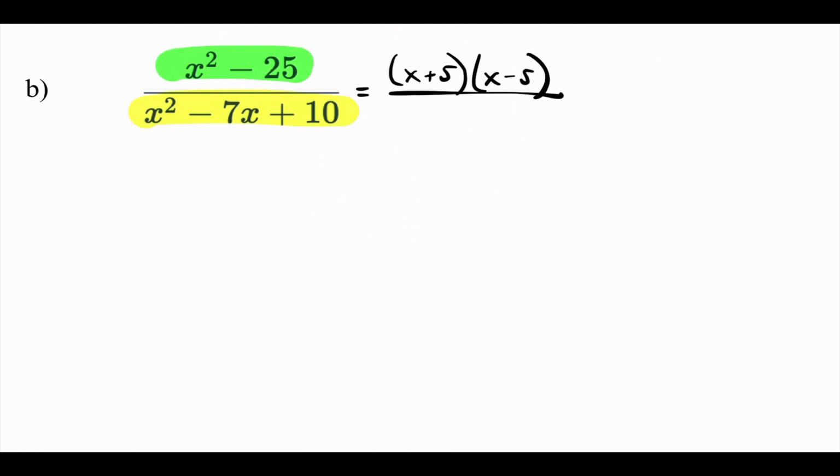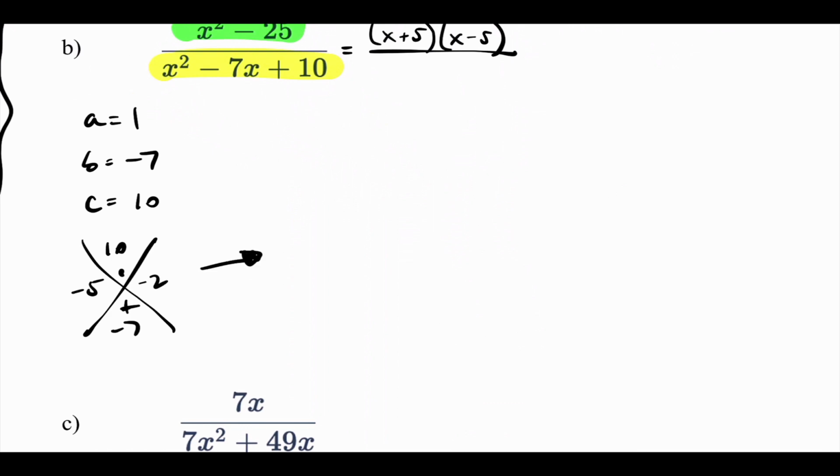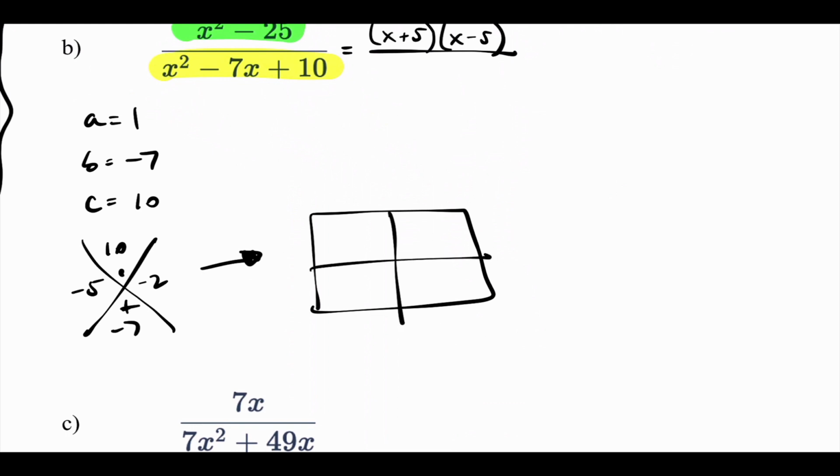Okay. The bottom is just a trinomial. You're going to factor it like you do any other trinomial. GCF, ABC, and so on and so forth. So let's see. 1, -7, +10. -5 and -2. x squared minus 5x minus 2x plus 10.